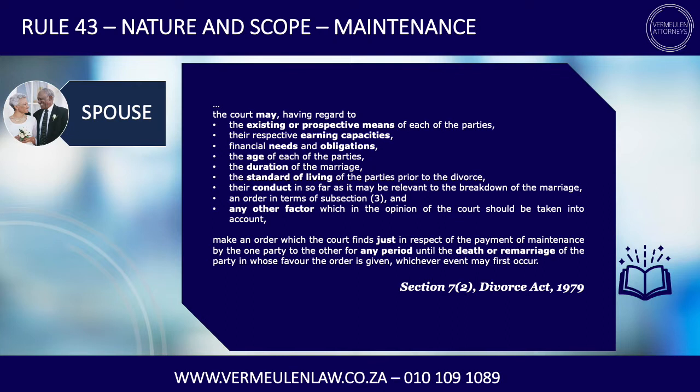The court may, having regard to 1, the existing or prospective means of each of the parties, 2, their respective earning capacities, 3, their financial needs and obligations, 4, the age of each of the parties, 5, the duration of the marriage, 6, the standard of living of the parties prior to the divorce, 7, their conduct insofar as it may be relevant to the breakdown of the marriage, 8, an order in terms of subsection 3.